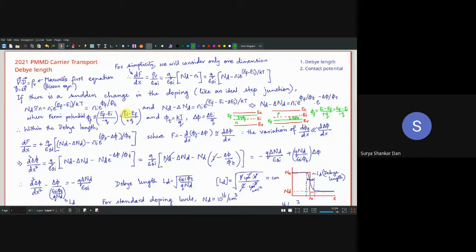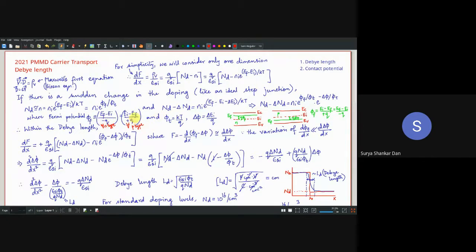So it is either EI minus EF by plus Q, let me write with red color, for P type. This is for N type, because for N type the majority carrier is minus Q charge.